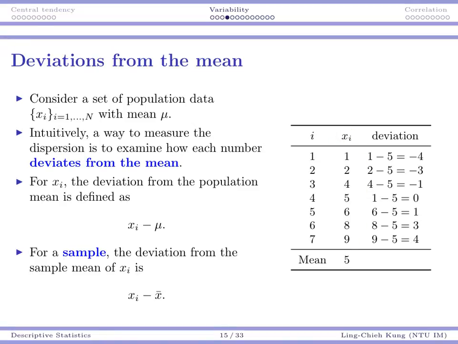We get the mean as 5, and then for x1 the deviation is -4, for x2 the deviation is -3, and so on. One thing you need to see is that the deviation from the mean can be negative, which means this number is smaller than the mean. But anyway, the magnitude or absolute value of that deviation measures how far x_i is from mu.